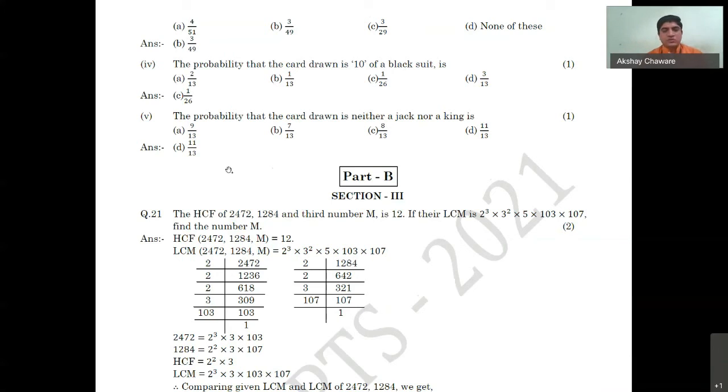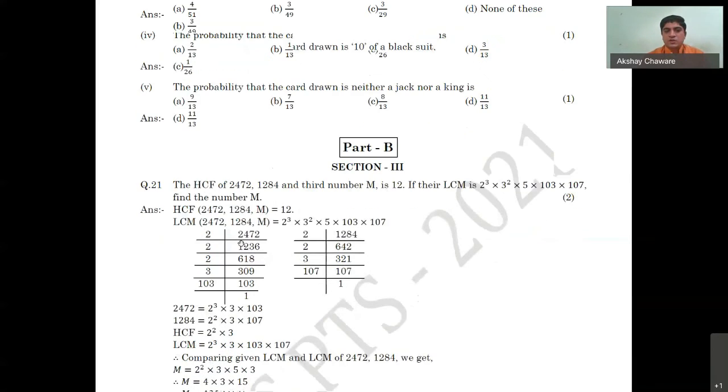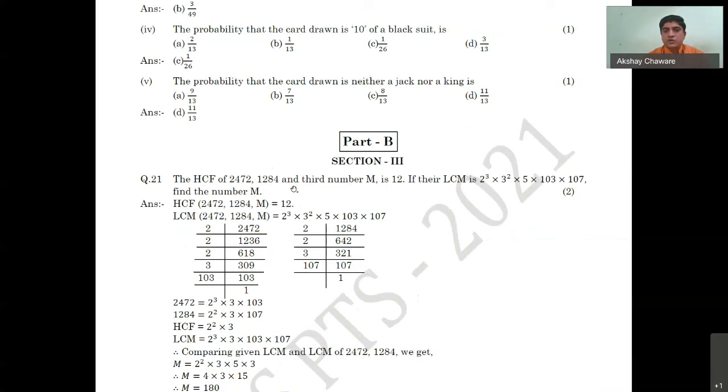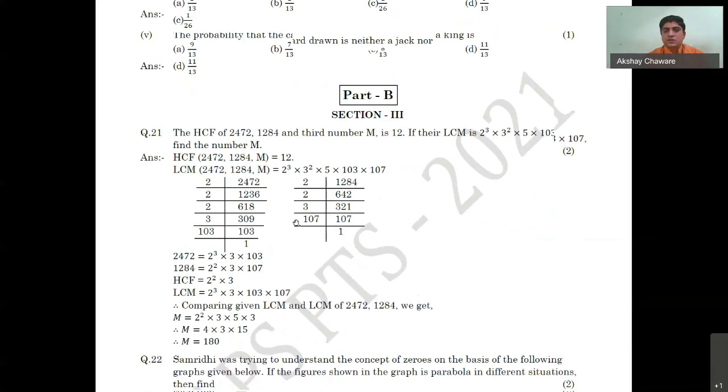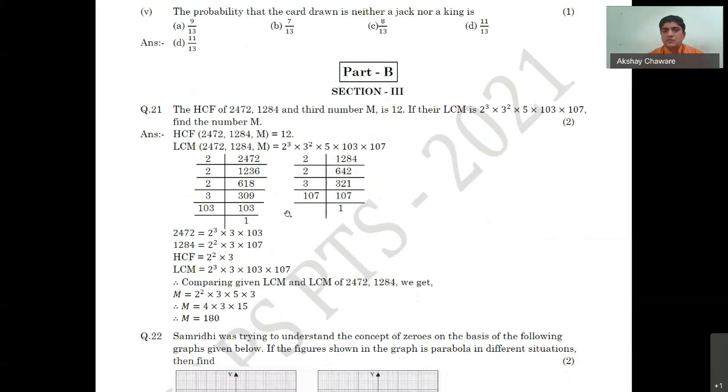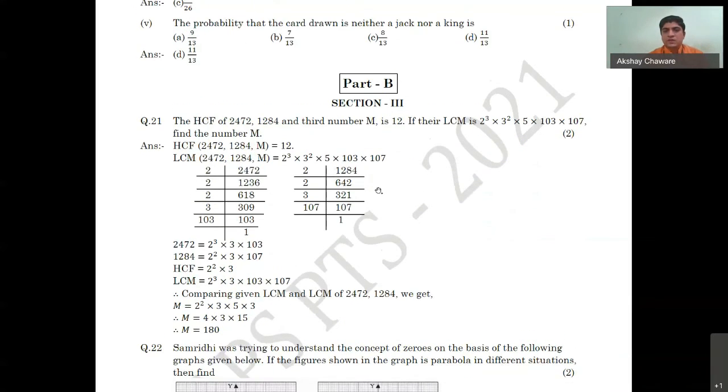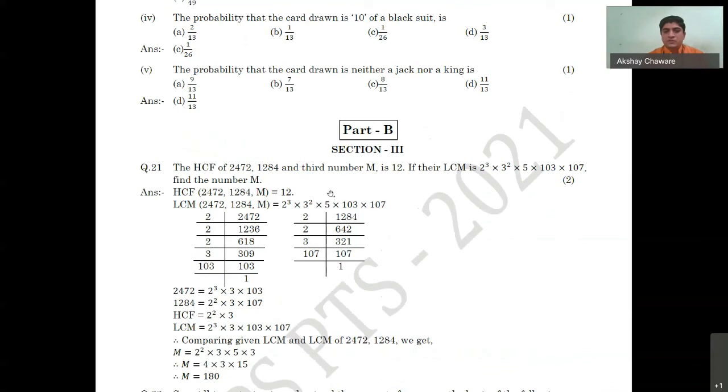And now all the questions are subjective. So in subjective 1, the HCF of 24, 72 and 84 and the third number M is 12 and the LCM is given. We have to find the number M. So only one concept is there, that HCF and LCM both are multiples. Okay. So HCF is given, that is 12.